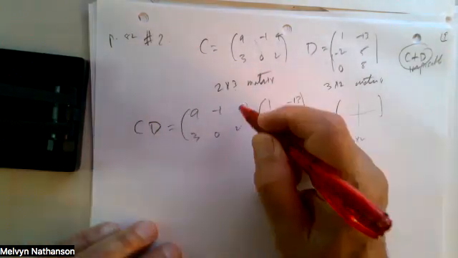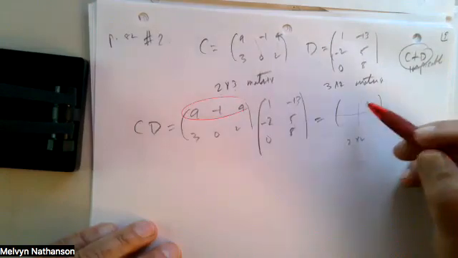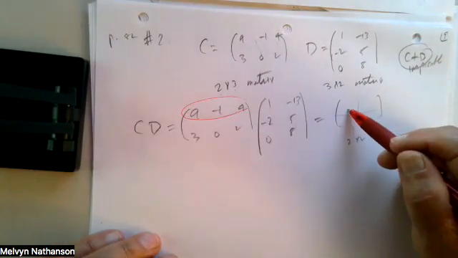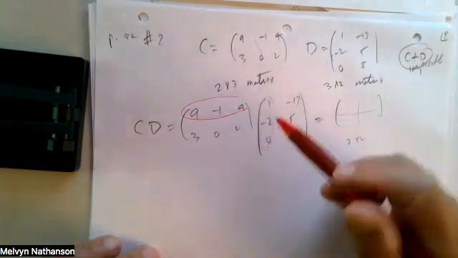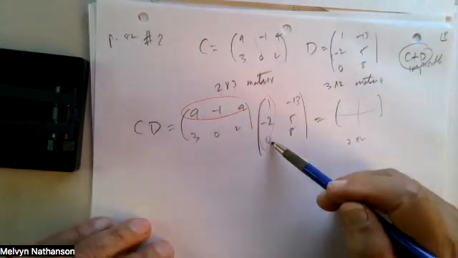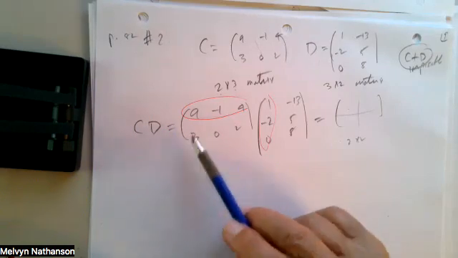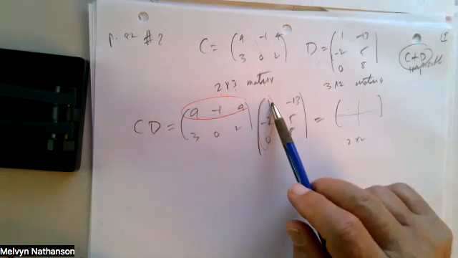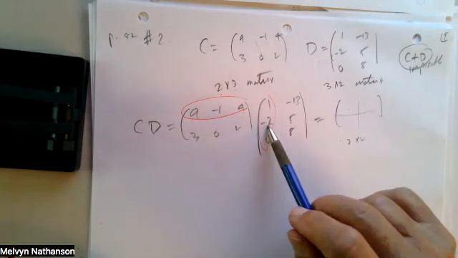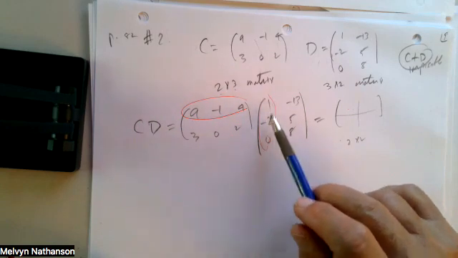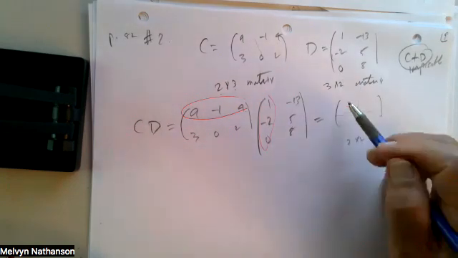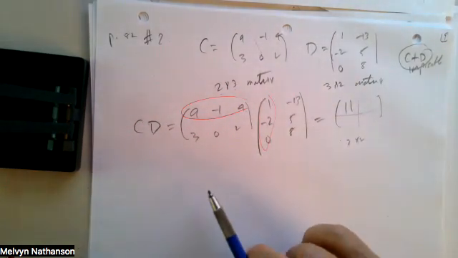How do you get the first row, first column entry? You take the first row of the matrix on the left times the first column of the matrix on the right, and you multiply them. 9 times 1 is 9. -1 times -2, you get +2. 9 and 2 is 11. 4 times 0 is 0. This is 11, right?